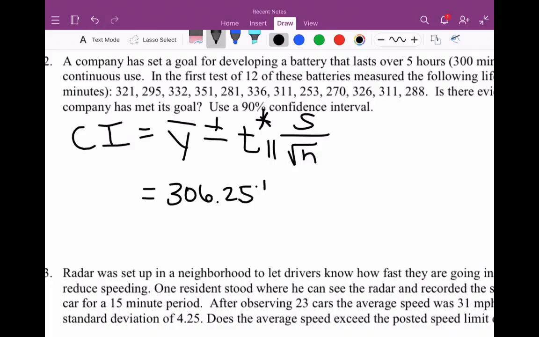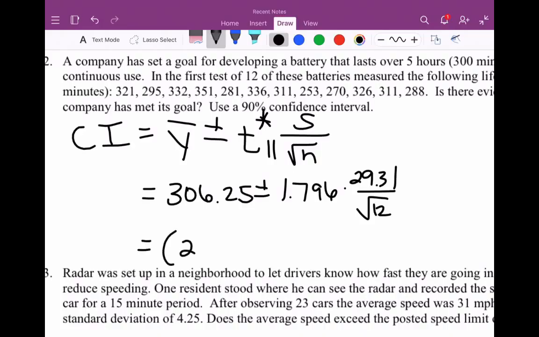So this ends up giving us a confidence interval of 306.25 plus or minus 1.796 is our critical value, and I got that by looking it up in the back of the book in the t-table, times the standard deviation of the sample was 29.31 divided by the square root of 12, and this gives us an interval of 291.05 to 321.45.